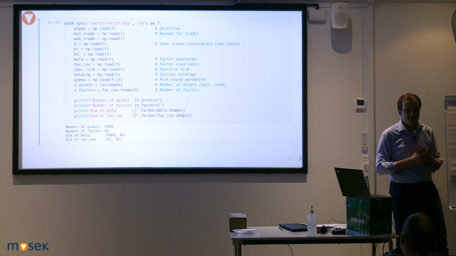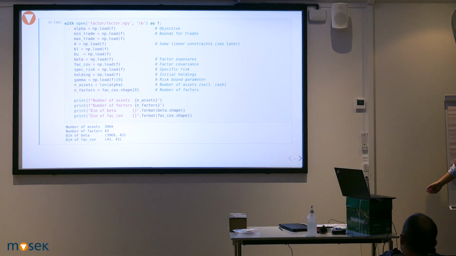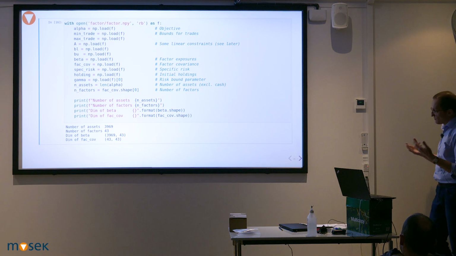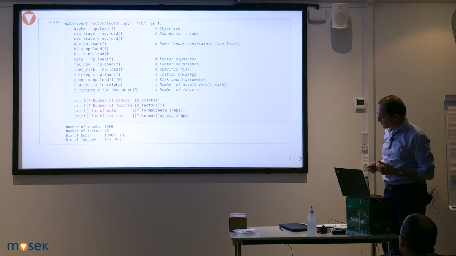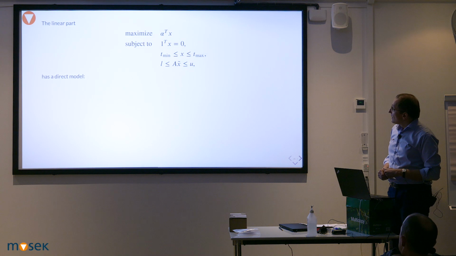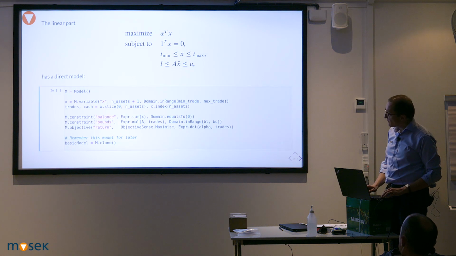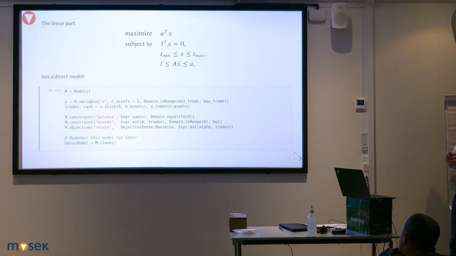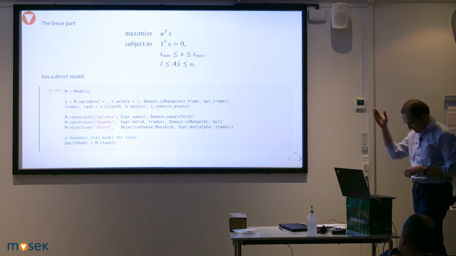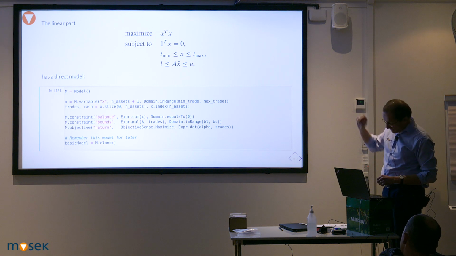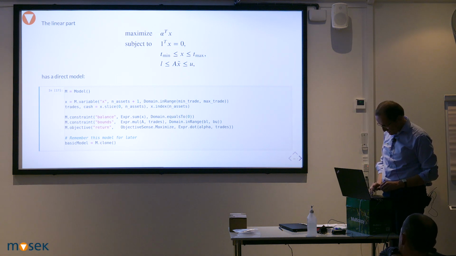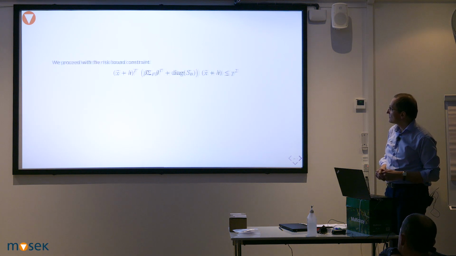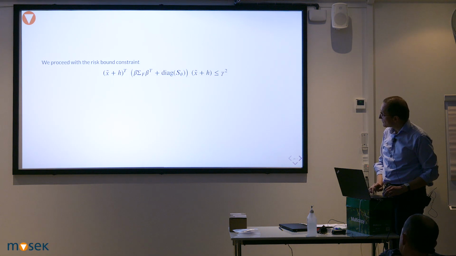So it's a kind of, I guess, reasonably sized factor model. Right. So we've already discussed many times how to produce this linear part. It's sort of a direct translation of what's written in LaTeX up on the slide, and then we have this risk, right?